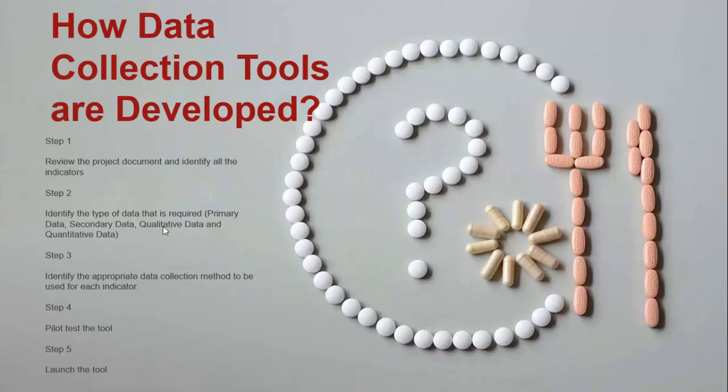After you have recommended the appropriate data collection method, you pilot test the tool in the field. And after you've pilot tested in the field, you bring back whatever findings you have and then improve the tool and launch it.